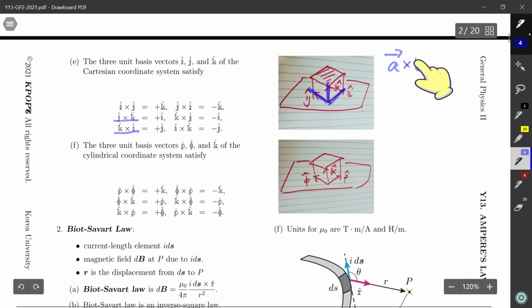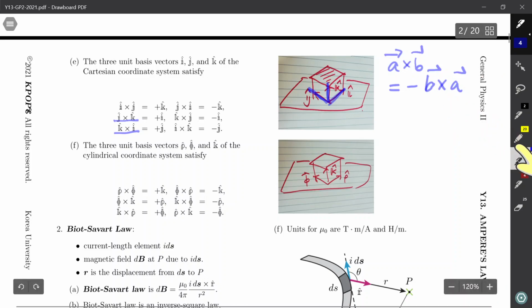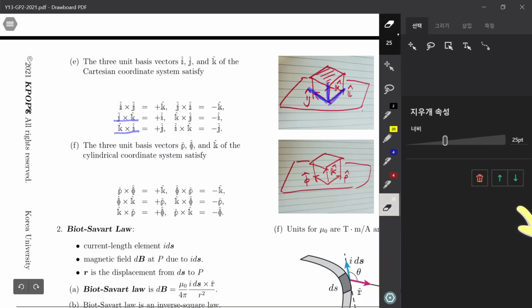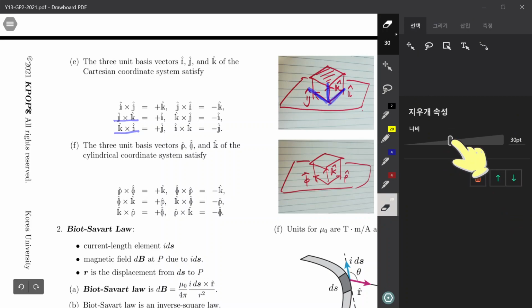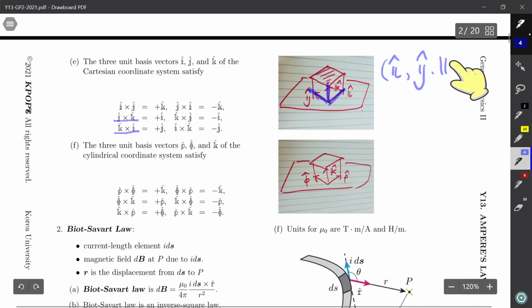We also have the anti-commutation relation: B cross A equals minus A cross B, and A cross B equals minus B cross A. In a similar manner, i, j, k form a cyclic triad.